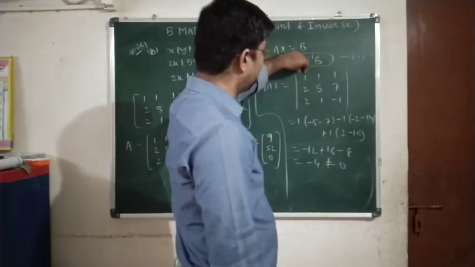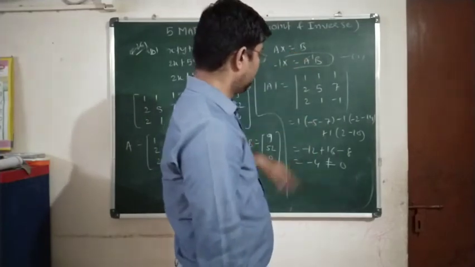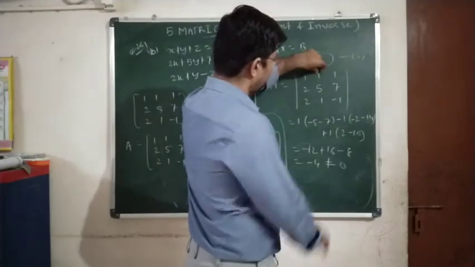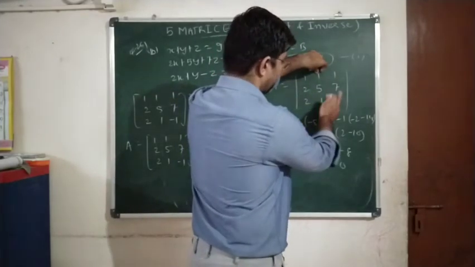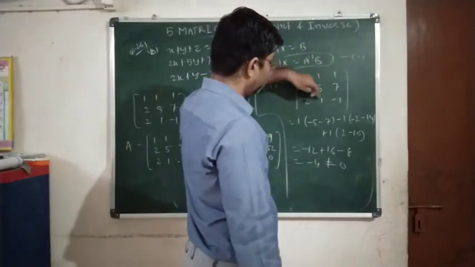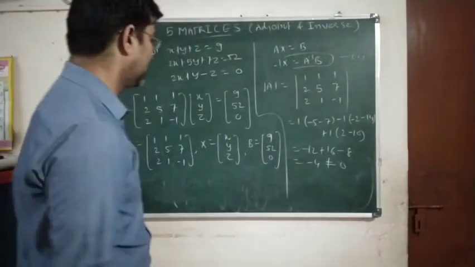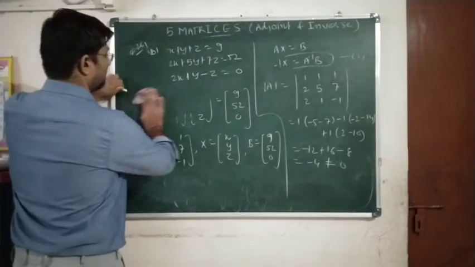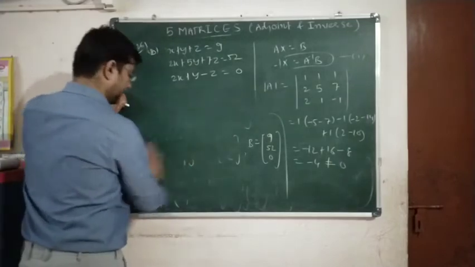Okay, now we will write down the cofactors. We will find the adjoint of A.